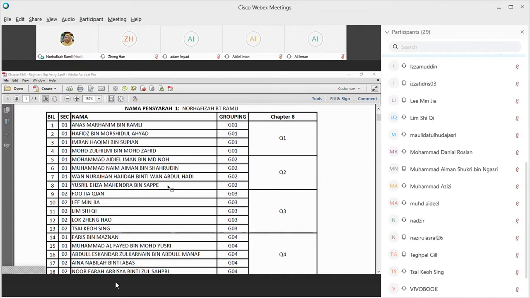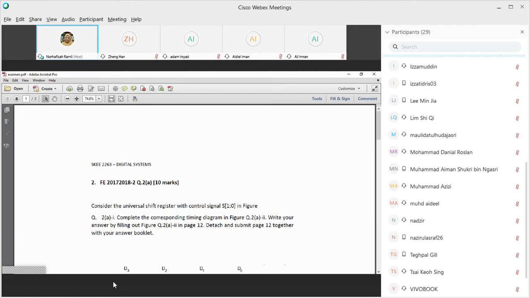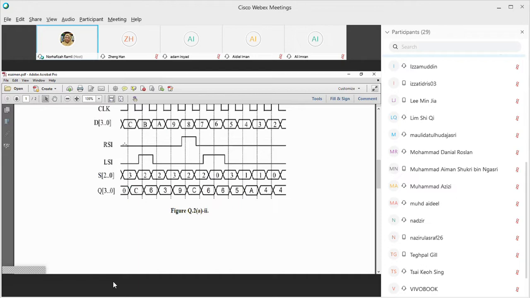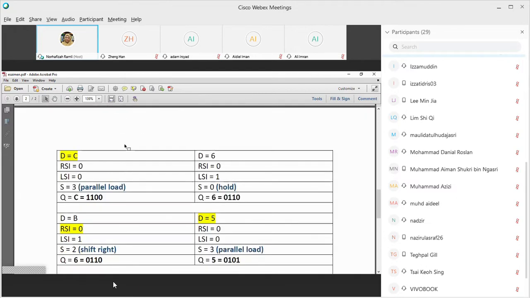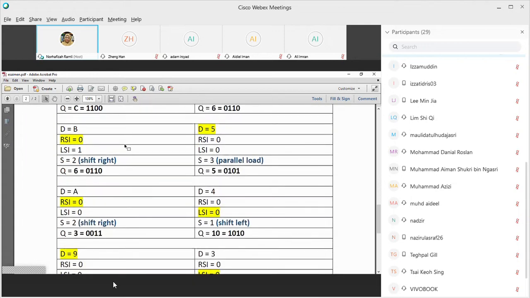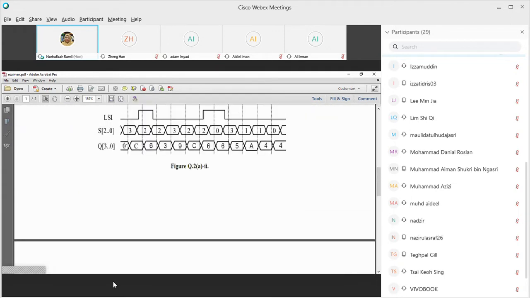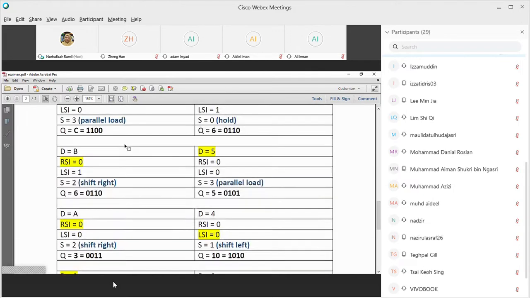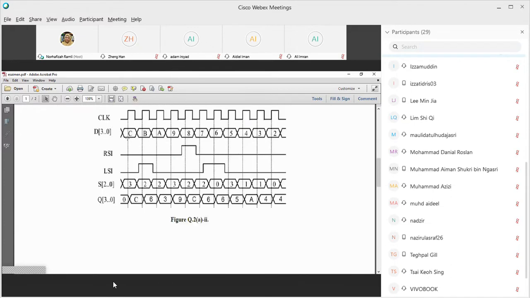So yang saya dapat ni daripada Yusril. Oh, okay, I open it. This one? Your explanation is below here? The waveform, this one. Okay, but you should put the binary below here. Easier to explain, right? Then just add. That is my job now.